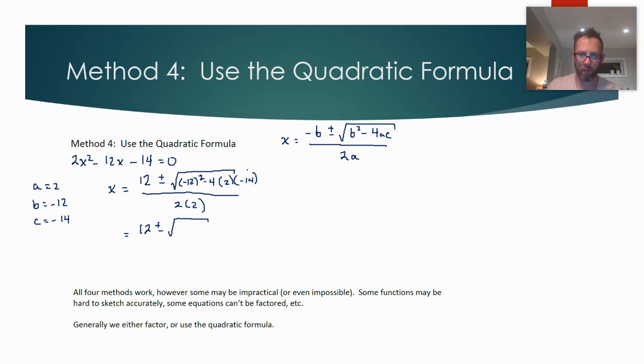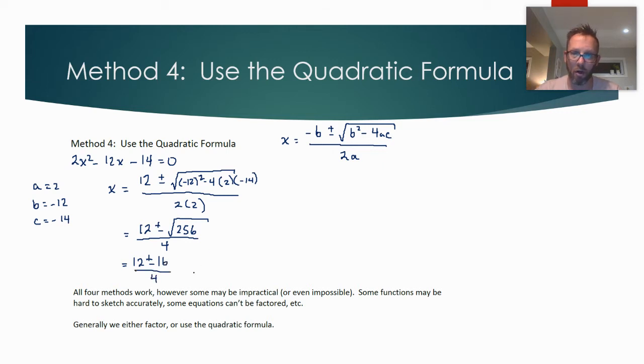Yeah, 112. So I'm doing 144 plus 112. I'm just using order of operations, right? It should be no big deal for us. Divided by 4. And then I just work it out. So in this case, the root of 256 is a perfect square number. So that's 12 plus or minus the root of 256, which is 16, divided by 4.